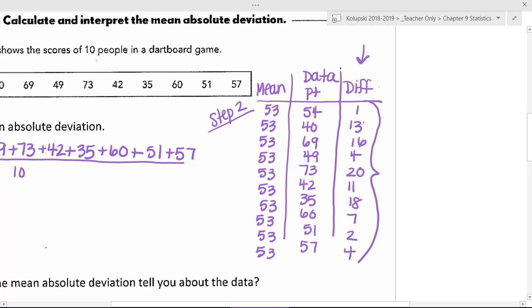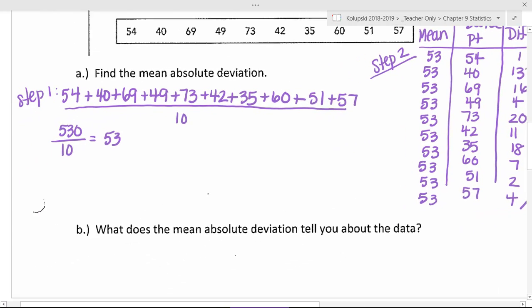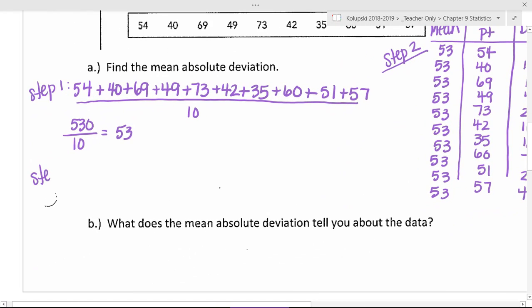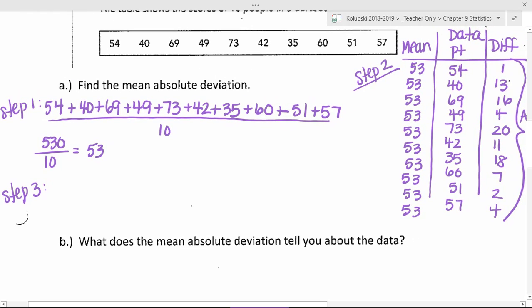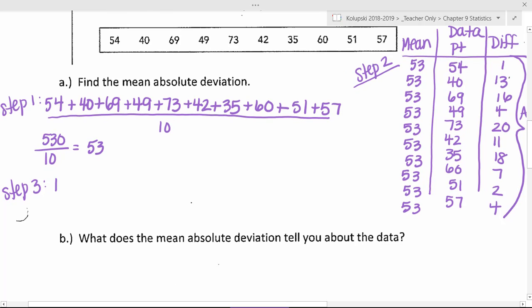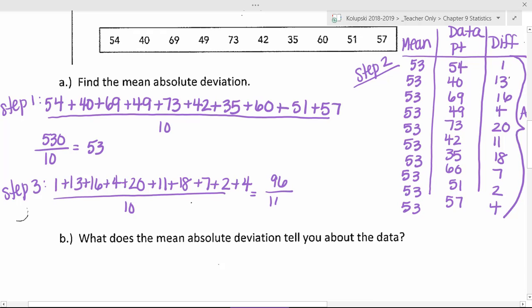Now I'm going to take those differences and I'm going to find the average of those. That's going to be my step number 3. So all of these numbers here, I'm going to add together. So when you add those together, you would get 96.